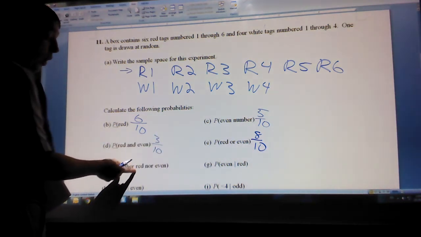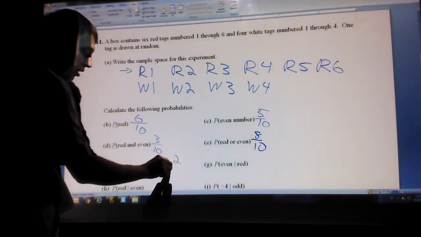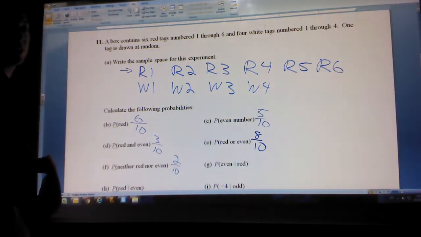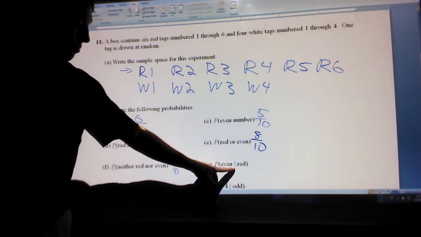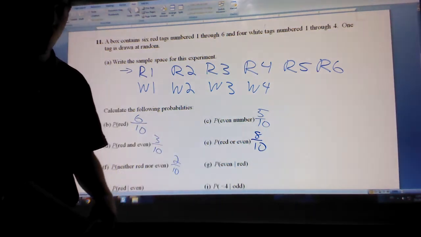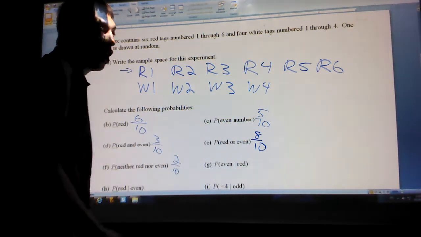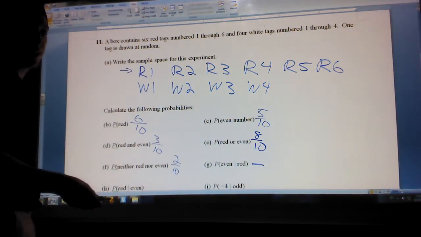How many are white and odd? So it's really just 2 out of 10. G is where it gets tough. When you see this sign, it means given. And the given always goes in the denominator. So it says, even given that they're all red. Let's suppose we take out the white tags. They're gone.